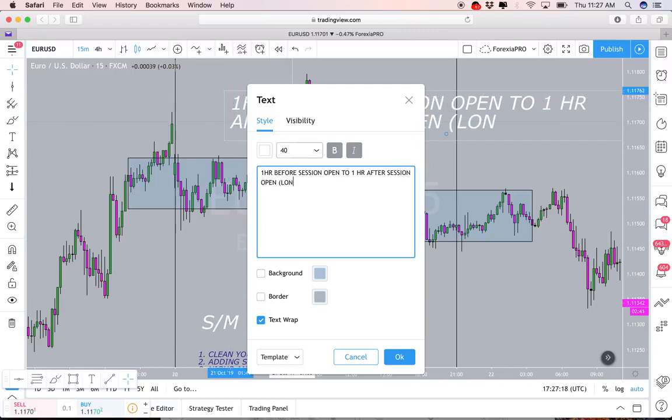And this is London and New York session. Keep this in mind: 1 hour before London session open or New York session open, or 1 hour after London session open or New York session open, is when you should be looking for your opportunity to enter a trade.